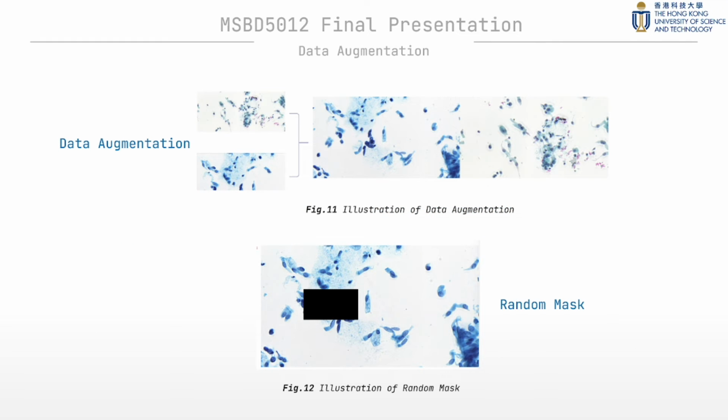Data augmentation is one of the most straightforward ways to improve model performance, and thus image merging and image masking are done respectively to obtain more images for training the model based on the original dataset.